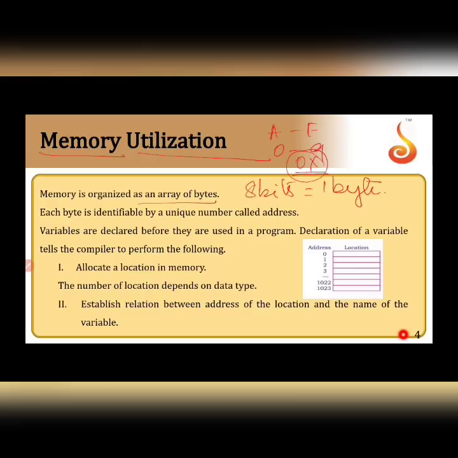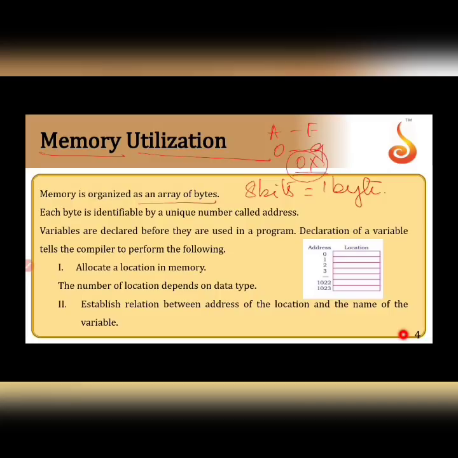And a memory address will always be an integer. It will never be a float value. It's a commonly asked question in the exam: the memory address is an integer, and the array subscript is also an integer. So it will be a hexadecimal integer.